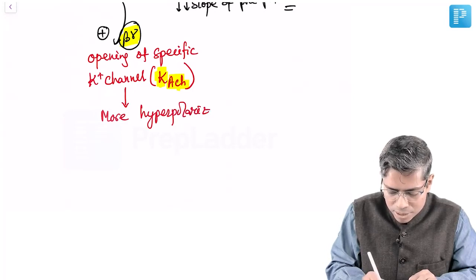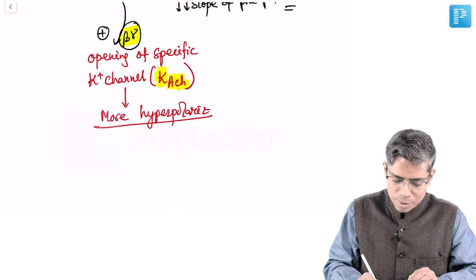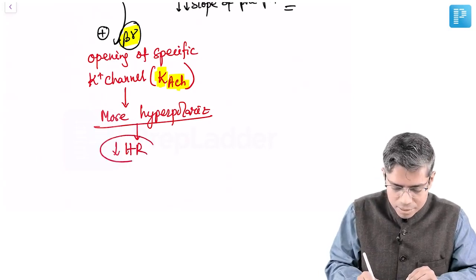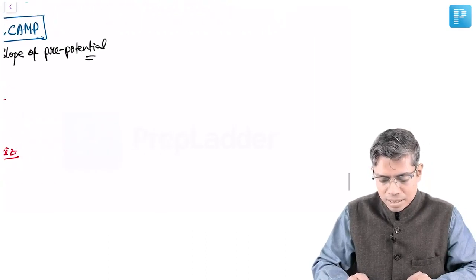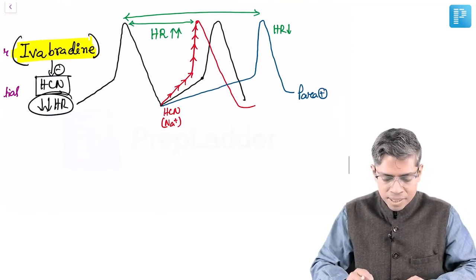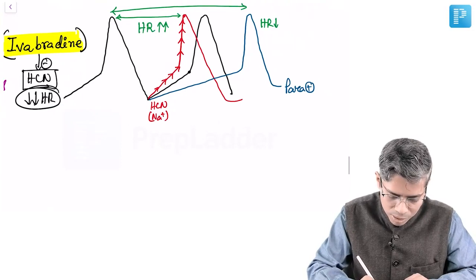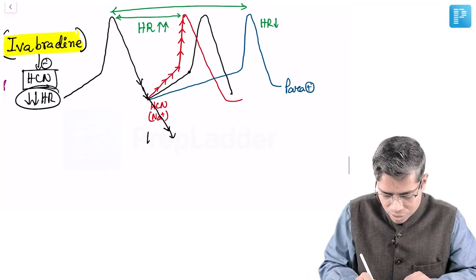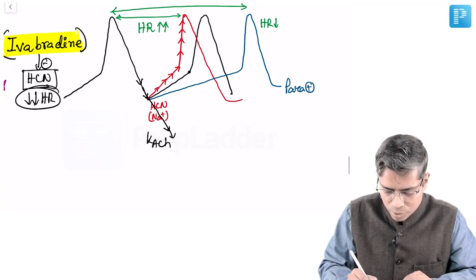More hyperpolarization of nodal tissue cell membrane means again your heart rate will be decreased. Why? If you look at this diagram, you will easily understand that whenever the membrane voltage is going for more and more hyperpolarization like this, this is due to KACH. So what will happen?